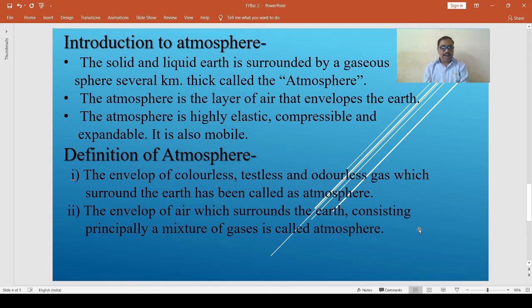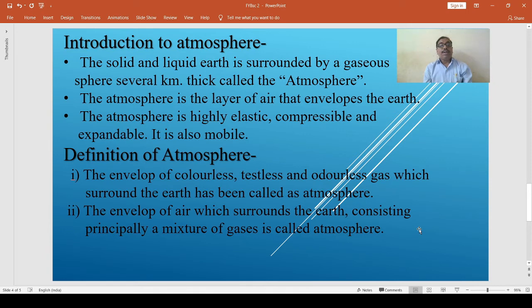The atmosphere has definite weight, and it exerts pressure. Nearly 97% of the atmosphere lies within a height of 29 kilometers of the Earth's surface.